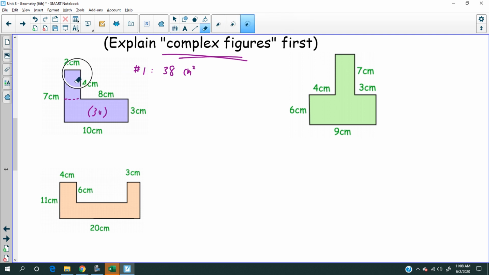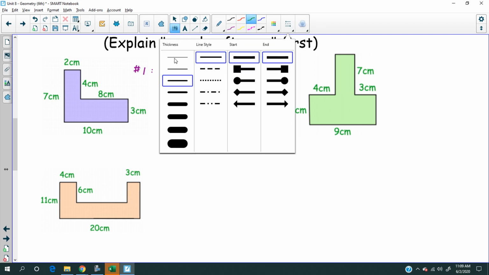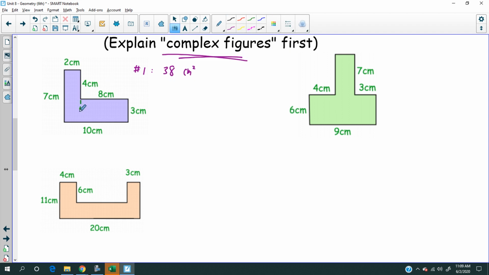Now, there's another way of doing it. Here we got another two rectangles. This is 2 times 7, that's 14, and this is 8 times 3, it's 24. So what is that? Yep, 38 again.